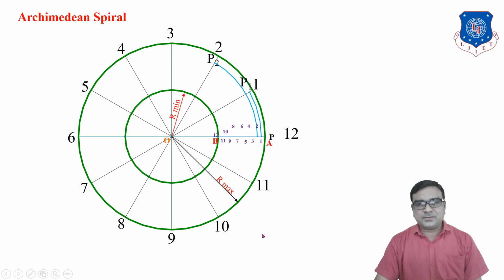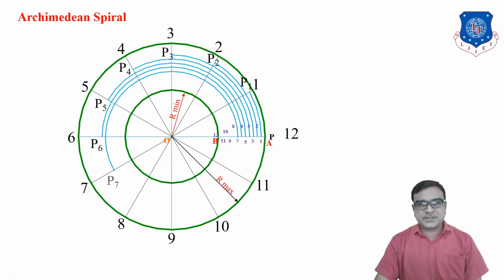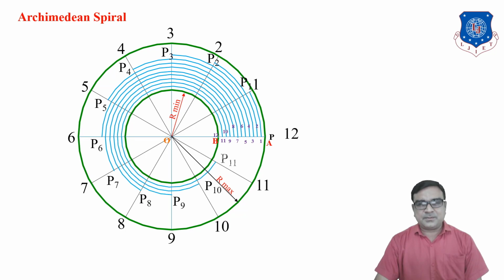Similarly from 2 to P2, 3 to P3, 4, then 5, P6, P7, P8, P9, P10, P11 and P12. So every point goes nearer to O during radial movement.